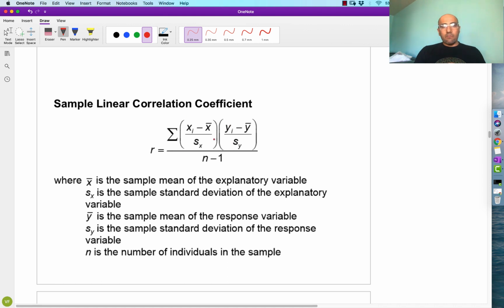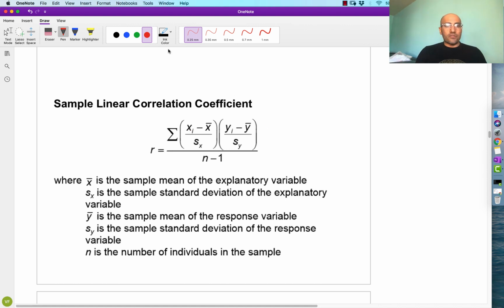Okay, so this might look familiar from when we worked on our z-scores, right? Each individual x coordinate minus its mean divided by its standard deviation. This is finding the z-score of each x, right?